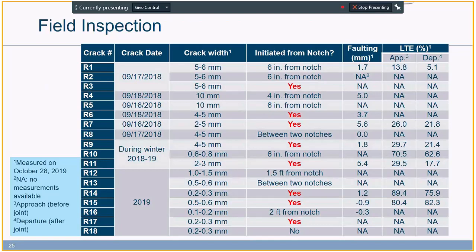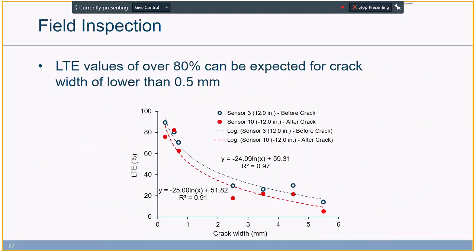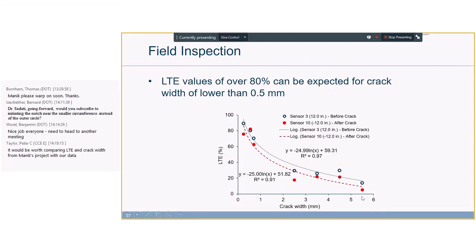As you can see here, for example, if we are on a crack with 5 to 6 millimeters opening, we are going to have less than 15-20% LTE, so actually no load transfer across the crack. That's what I think is very hard. I don't know if fiber really made a big difference in this project.